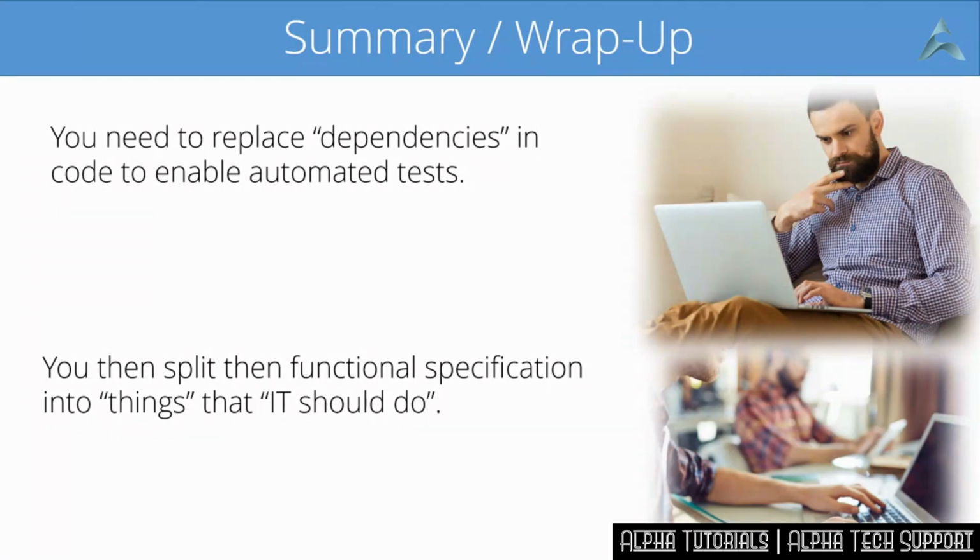Decompose this functional specification into small sections, each one saying one thing that the application should do, e.g. calculate remaining leave balance. You're focusing on the business logic here, not UI, not database logic. Each thing that it should do becomes a test method.